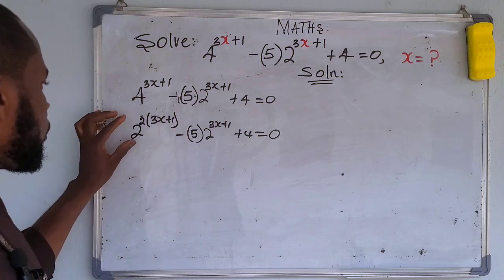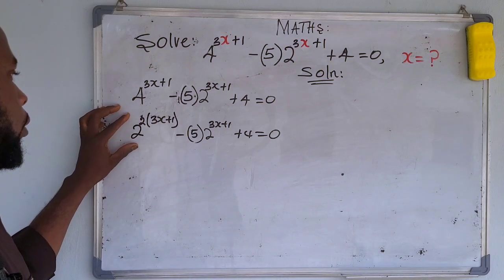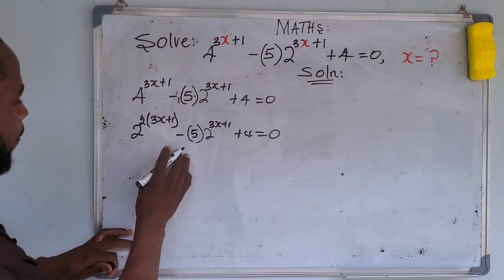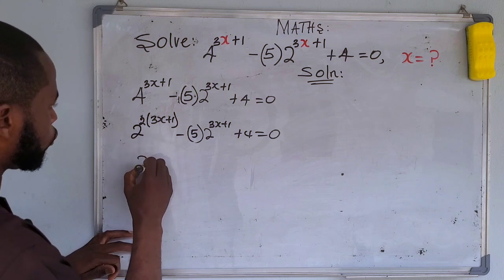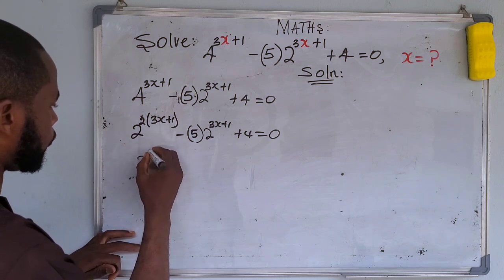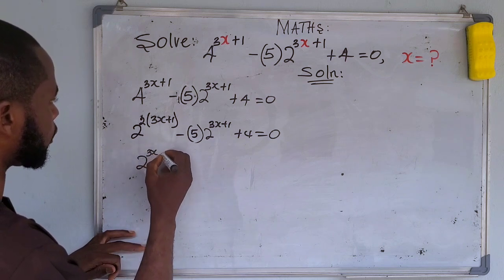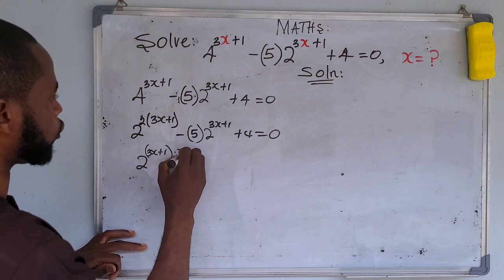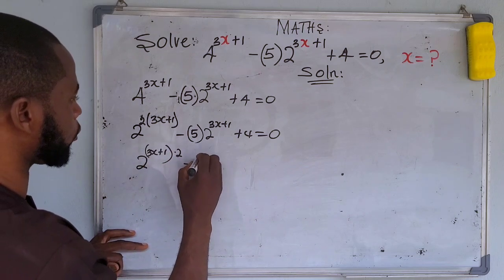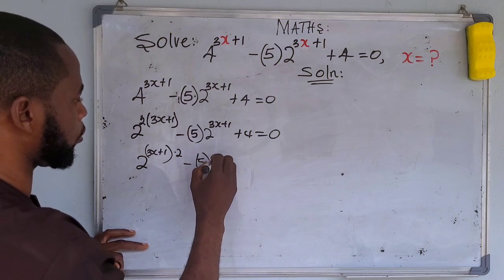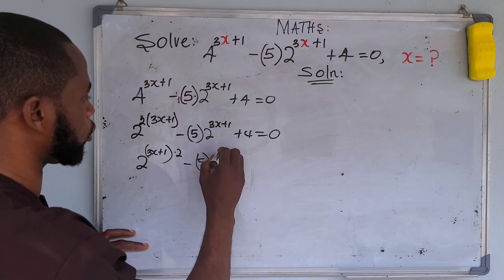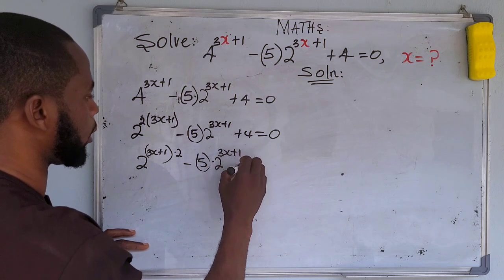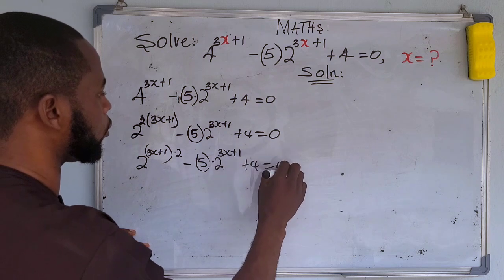Then we can also put this in this form: 2 to the power of 3x plus 1, multiplied by 2, minus 5 multiplied by 2 to the power of 3x plus 1, plus 4 equals 0.